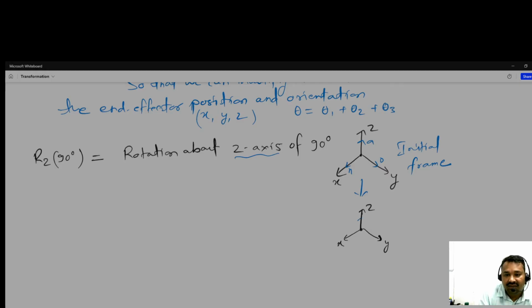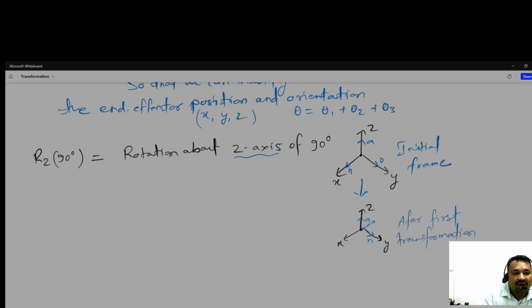That's why a stays right here. And o will be somewhere here, but n will be here. This will be n. So this is after the first transformation.